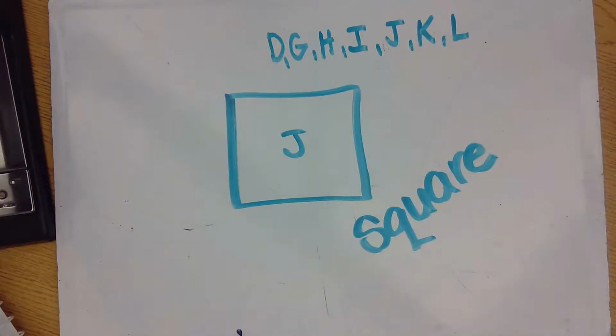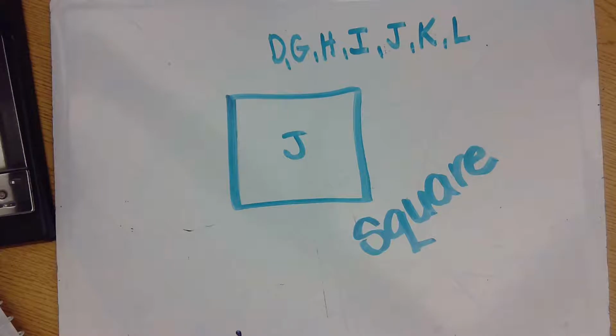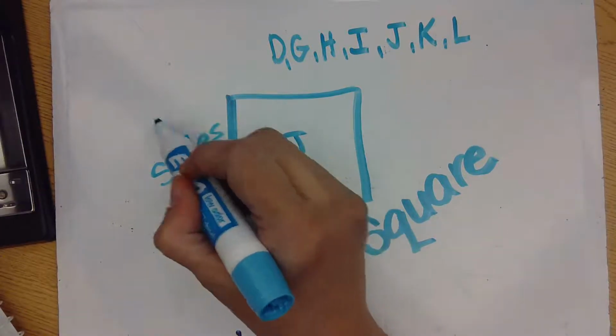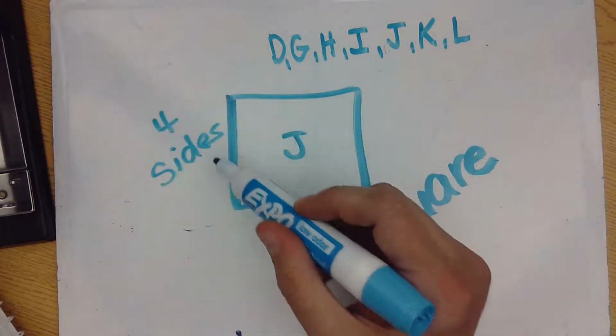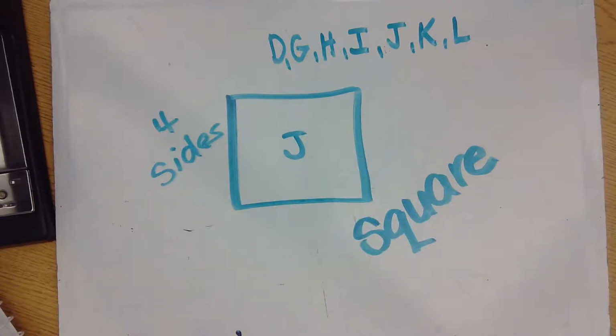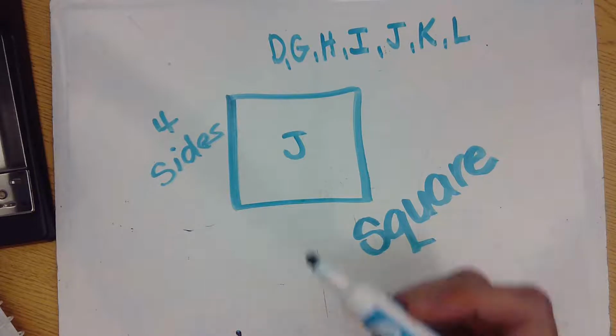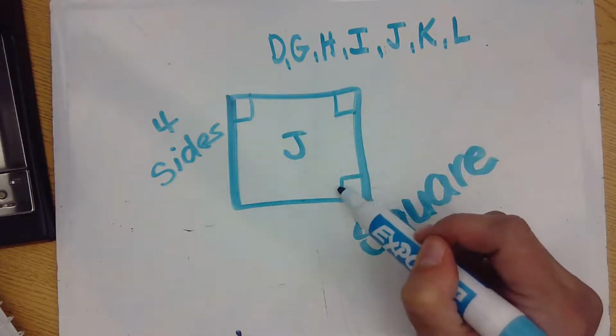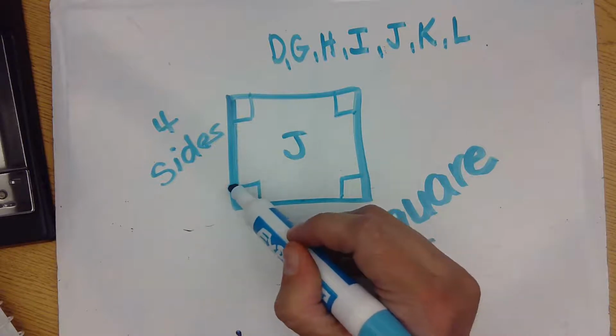Boys and girls, we can use some of the same vocabulary words to describe a square as we used with a triangle. How many sides does a square have? If you said four sides, you are correct. 1, 2, 3, 4. How many angles does a square have? If you said 4, you are correct.